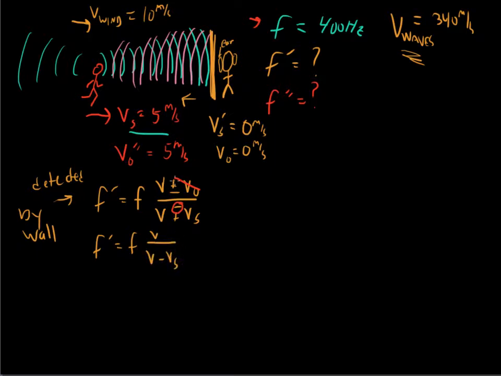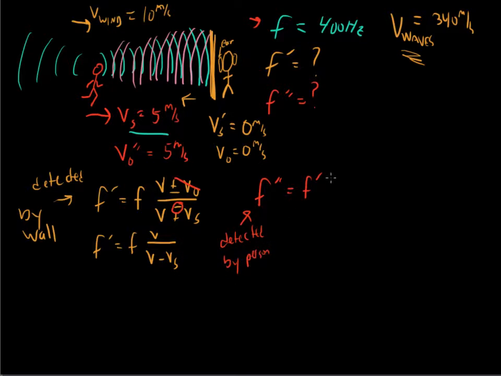original. And then for the next part, you would have F double prime equals, I keep saying V, I mean F double prime, so the frequency, this is detected by a person rebounding off of a wall.